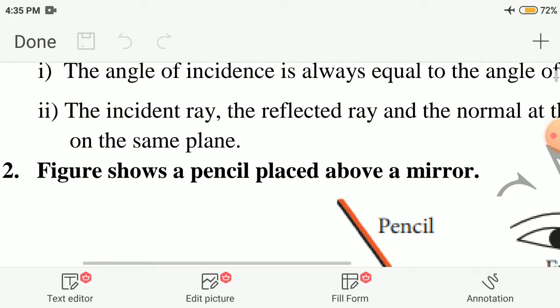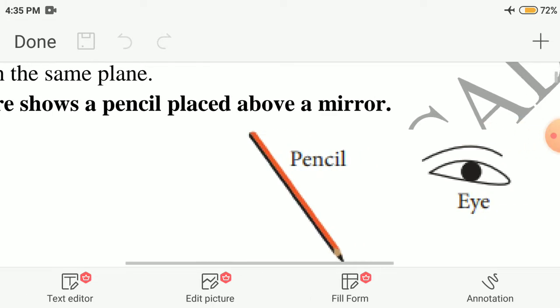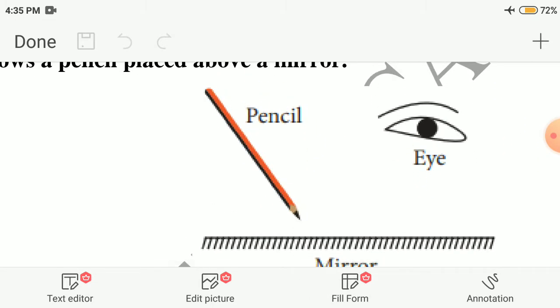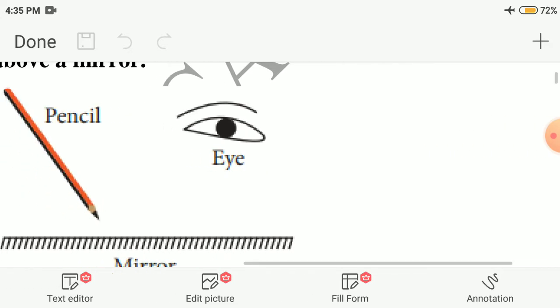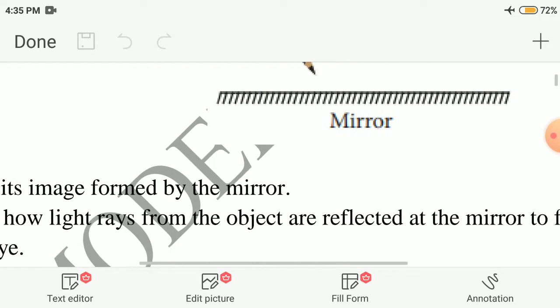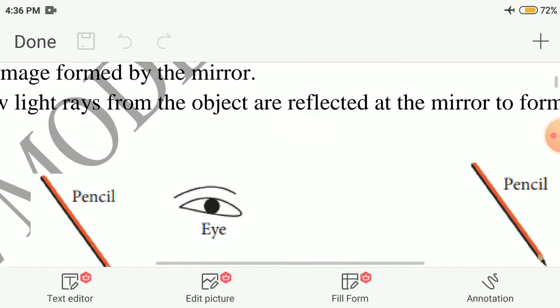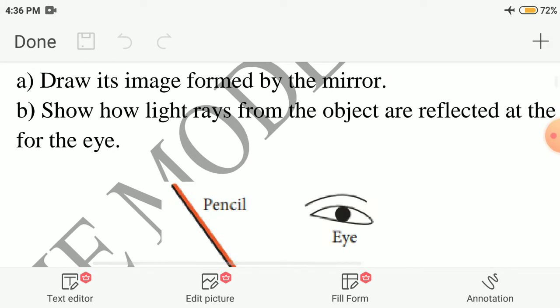Next, second question. Figure shows a pencil placed above a mirror. Here you see the picture, down having the mirror. Where is the pencil? The pencil is present above the mirror, which we see through our eyes. Next, draw its image formed by the mirror.